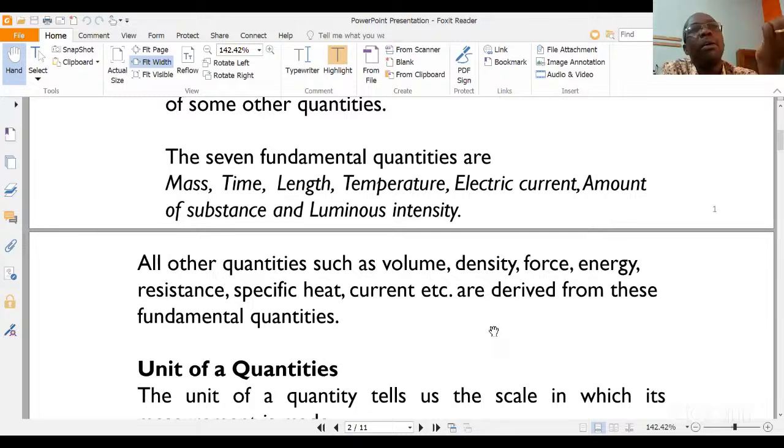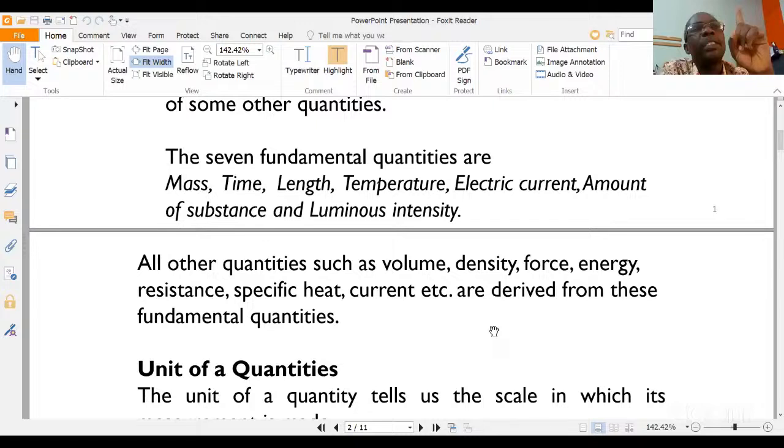You can obtain a derived quantity either by combining fundamental quantities with multiplication alone, or with multiplication and division, or by just division.